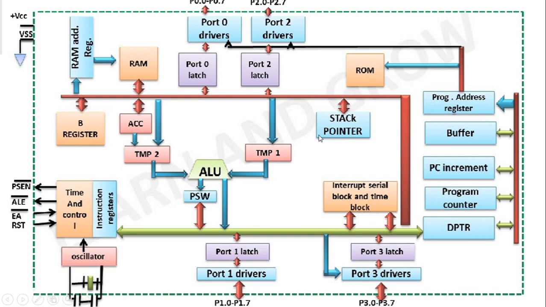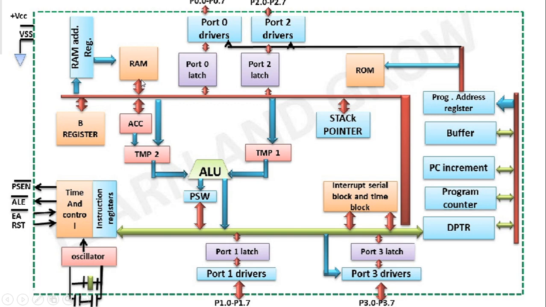Right, so here we have the ROM space in which we can store the program, and for accessing the program from the ROM memory and for writing something to the ROM memory, we have this program counter register, program counter increment unit, this temporary buffer space, and program address register.